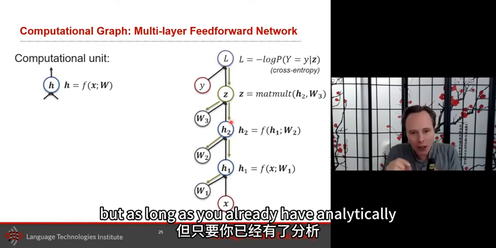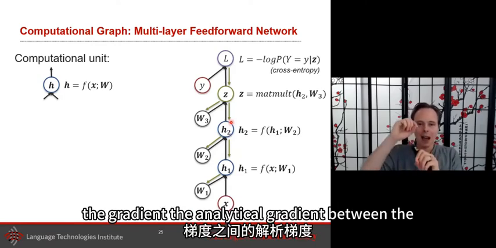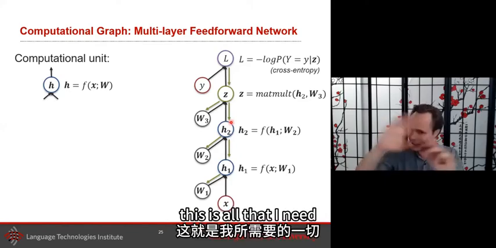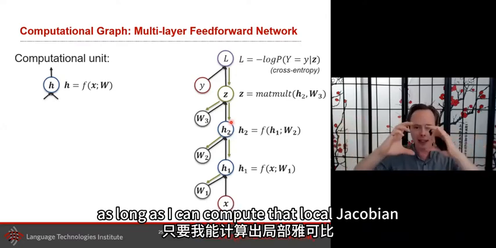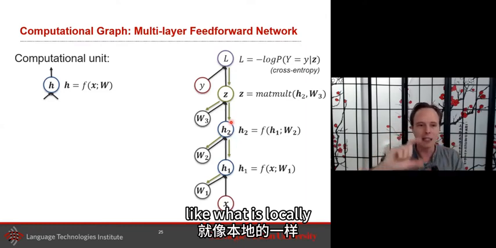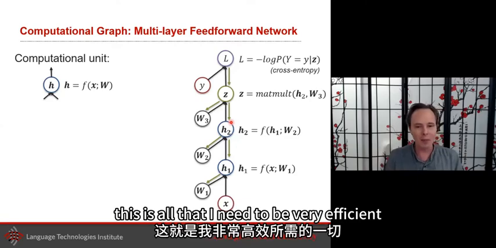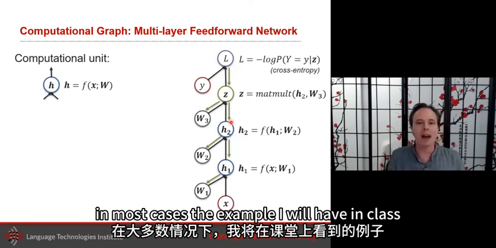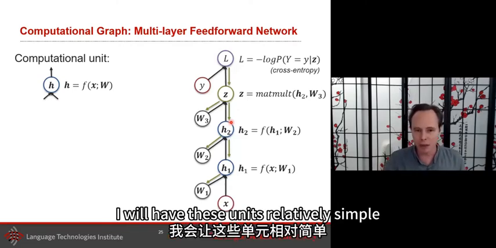But as long as you already have analytically the gradient between the input and output of this module, this is all that I need. As long as I can compute that local Jacobian, like what is locally this derivative, this is all that I need to be very efficient. I may not even need to go inside it. In most cases, and in the examples I will have in class, these units will be relatively simple.